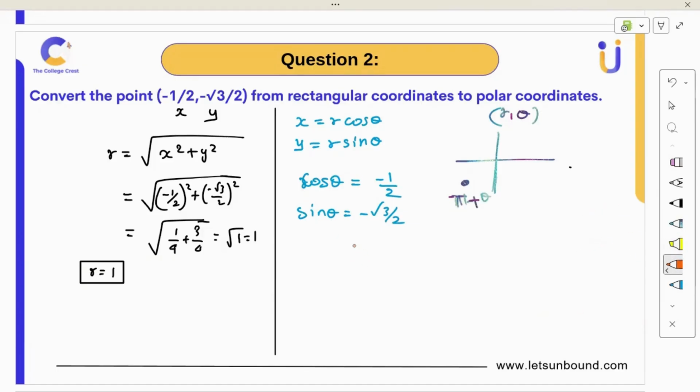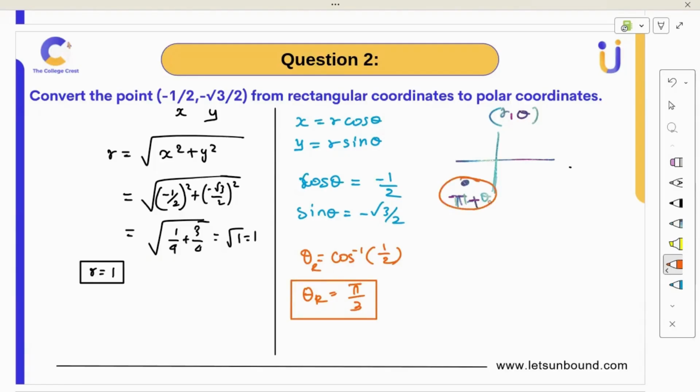And here we go. So what would it be? Theta is cos inverse 1 by 2. It's just a reference angle, so I'm not taking the sign. Cos becomes 1 by 2 at 30 degrees or 60 degrees, so 60. I'm going with radians of pi by 3. This is just the reference angle.